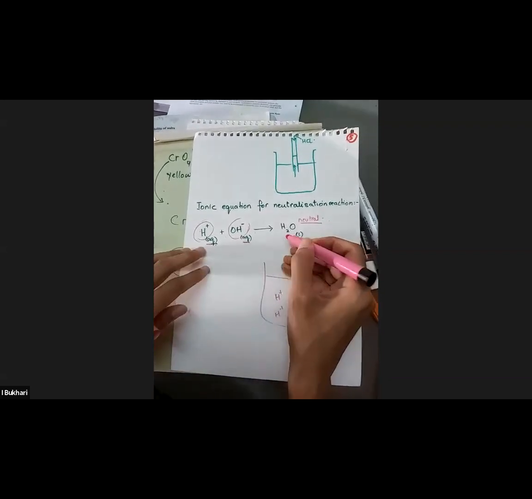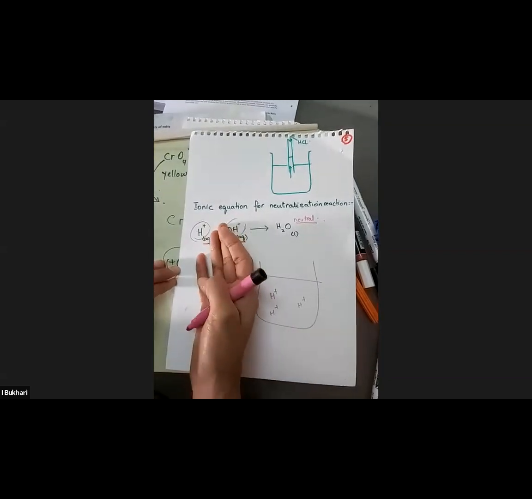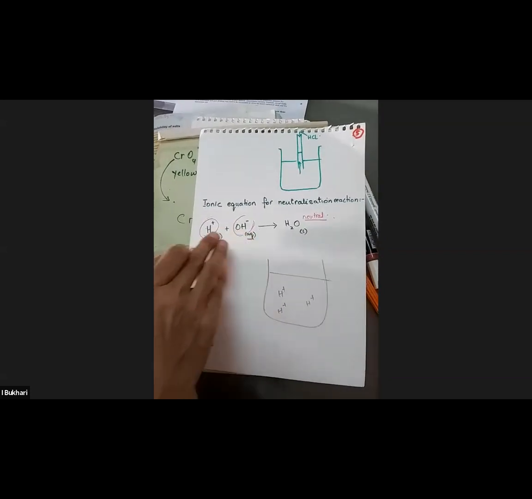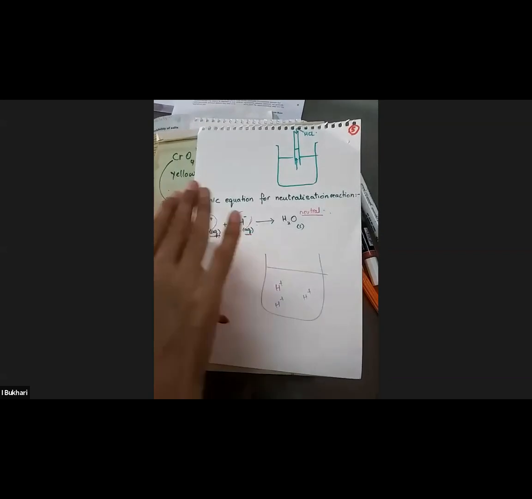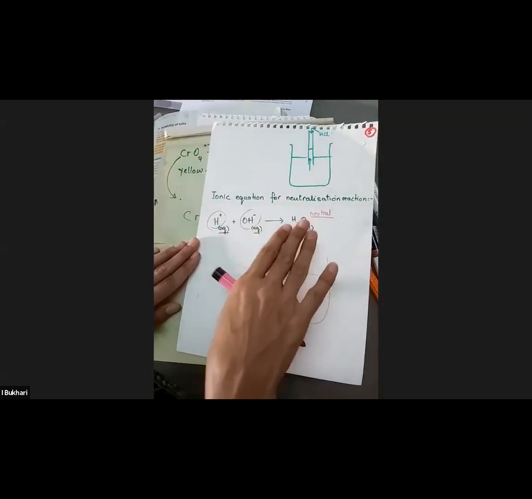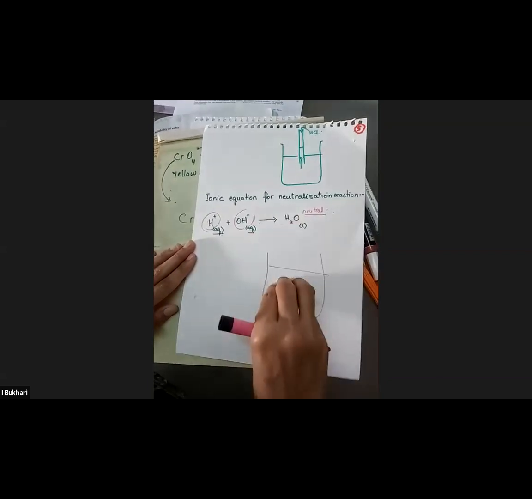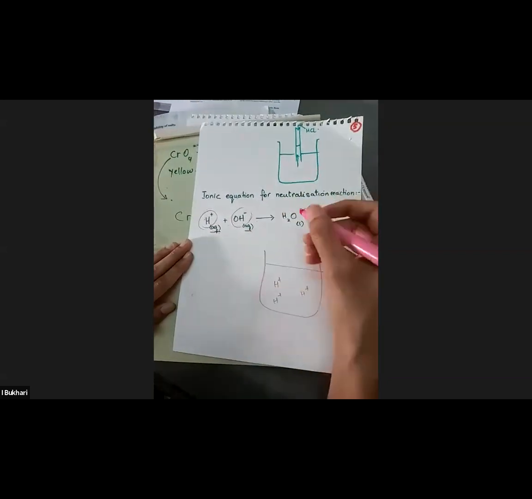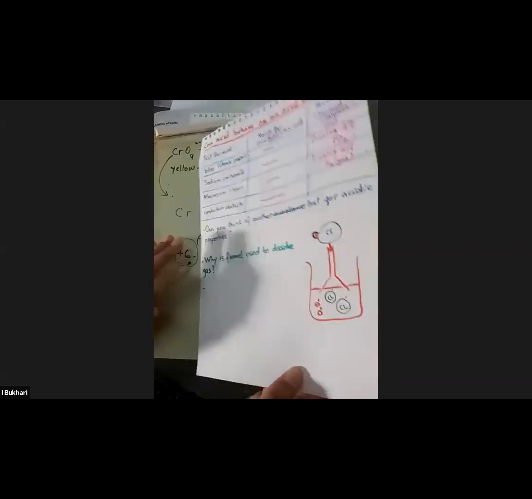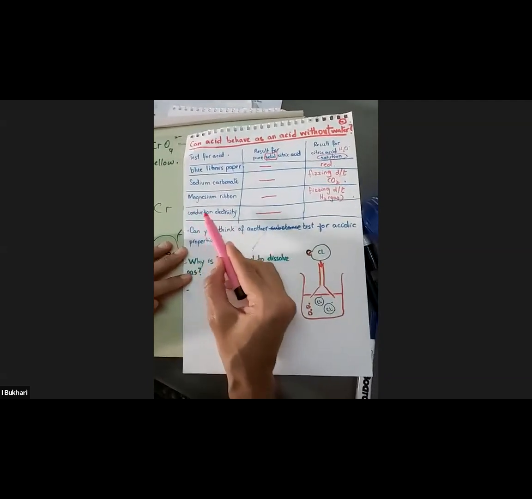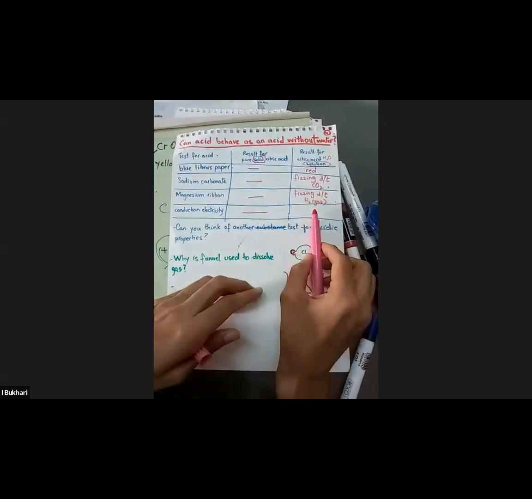So when we see that a solution is conducting electricity, we know that the neutralization reaction has not completed. Once it has completed and we have only neutral water molecules, that is evidence that neutralization is complete. So that is why conduction of electricity is also used as one of the methods of finding out if the neutralization reaction is taking place or not.